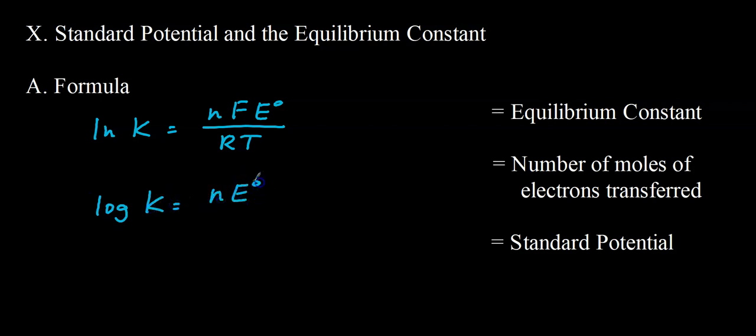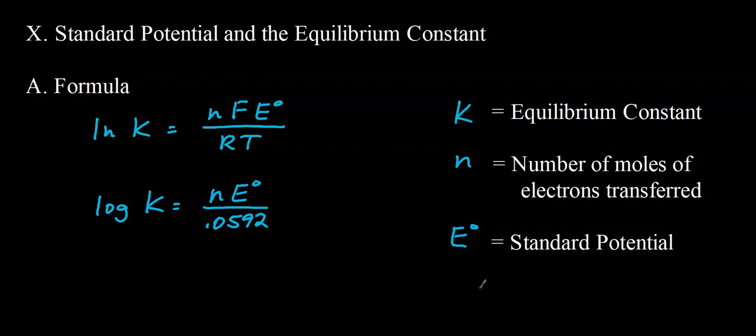Again, if we combine all of our constants, we can simplify it. Of course, this is if the temperature is 25 degrees Celsius. If the temperature is not 25 degrees Celsius, then we have to use the first form here. So K is our equilibrium constant. Again, n is the number of moles of electrons transferred. And once again, E naught is our standard potential difference.